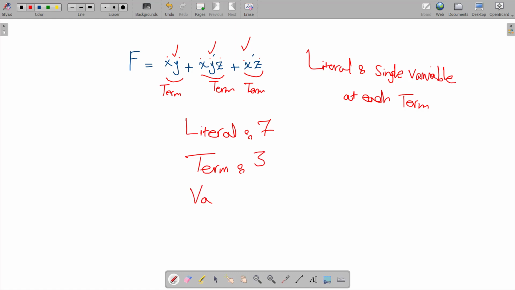So how many variables do I have? Because the number of variables is different from the number of literals. You can see that here we have x, y, and z. It means that we have 3 variables. These definitions are so important in the case of Boolean functions. We know the meaning of a literal, the meaning of a term, and the meaning of a variable.